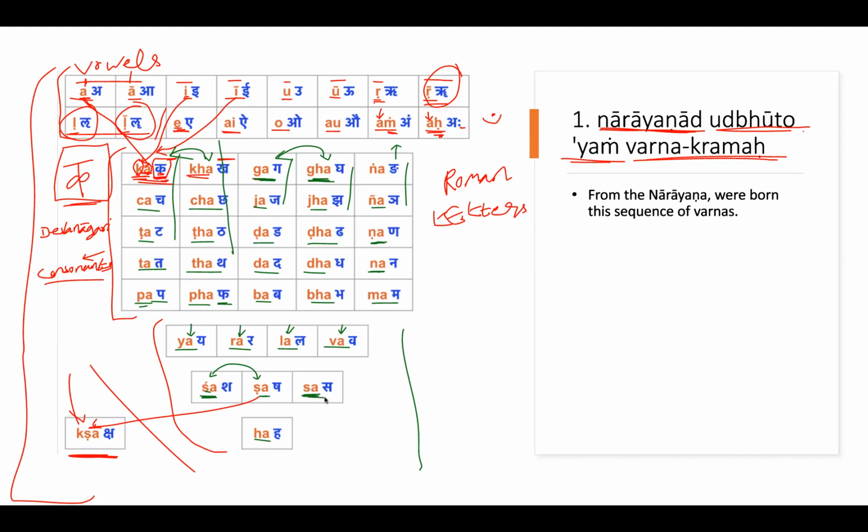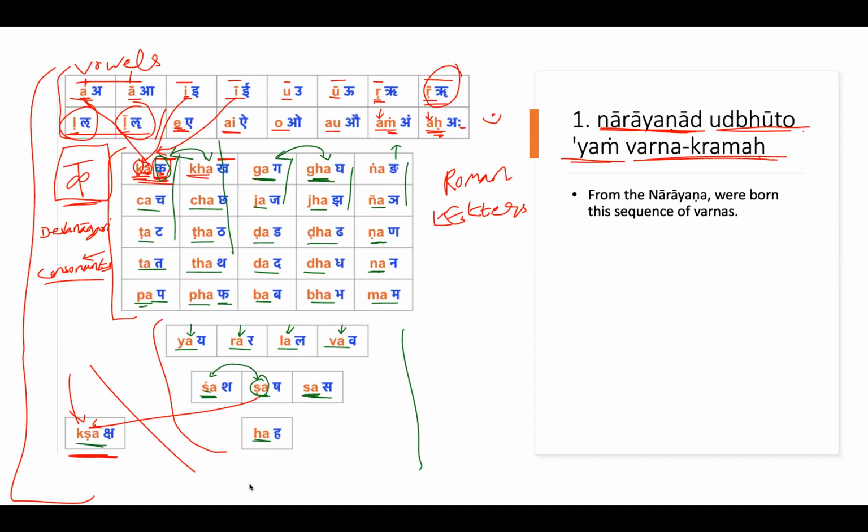You can say sa, or teeth. There's a pressure, sh. This is sa. This is ha. This is a combination of ka and sha. This letter and this letter, ksha. Okay.